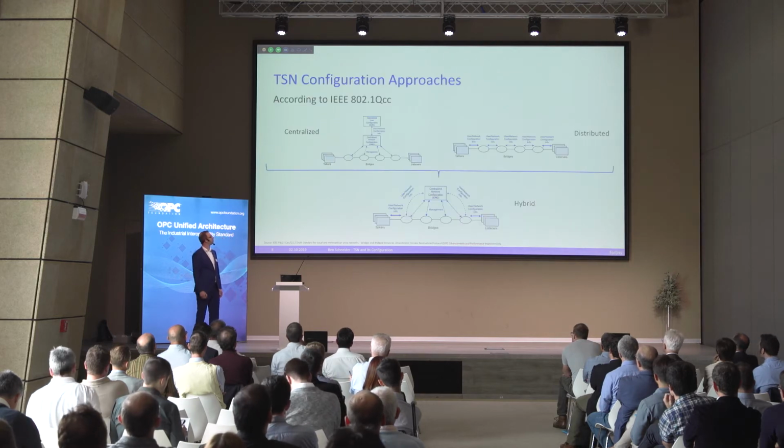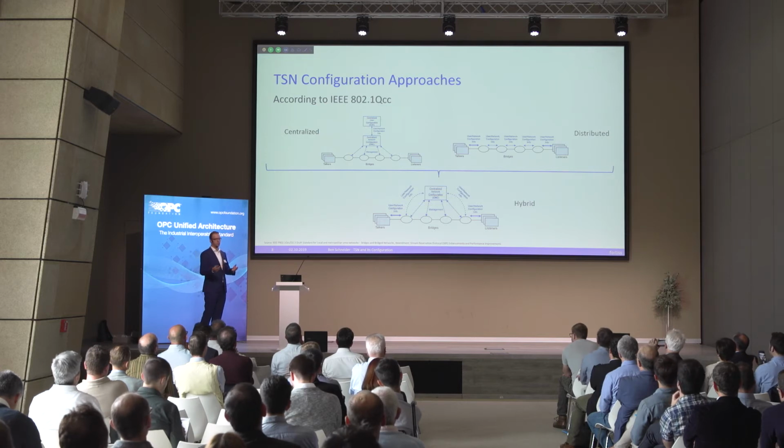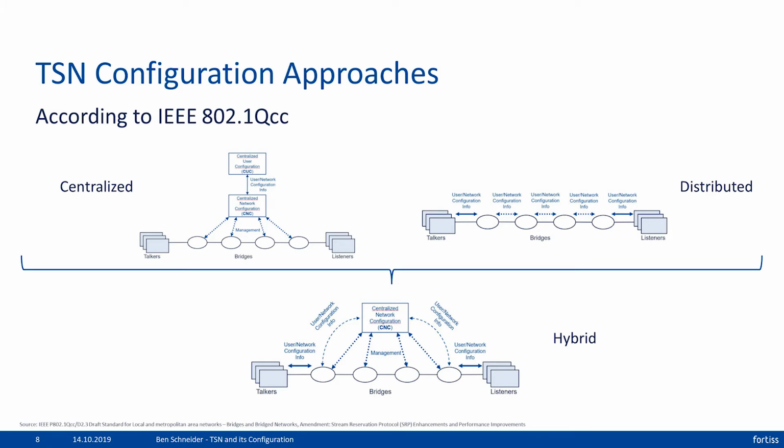Now I want to show you the different kinds of approaches for configuration. The idea is these approaches can be used to not only configure the scheduling mechanism that we just saw, but also the convergent network, which would be a combination of these different kind of scheduling mechanisms and other TSN standards and features.